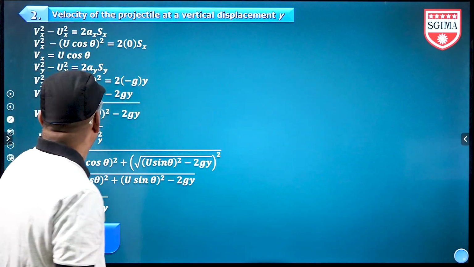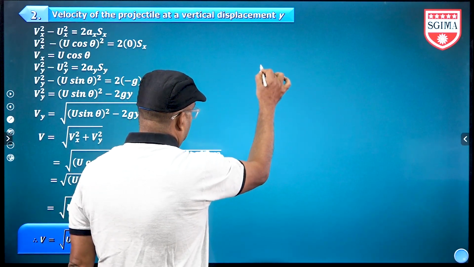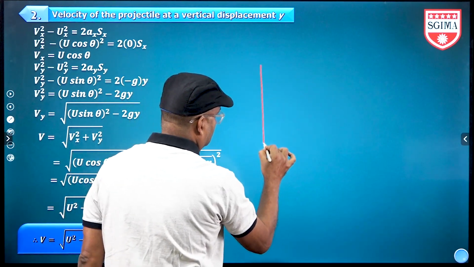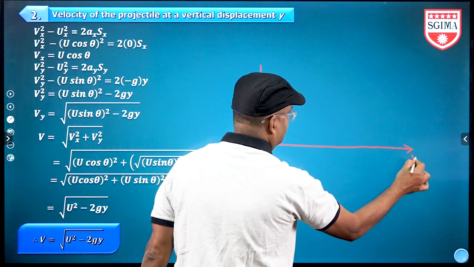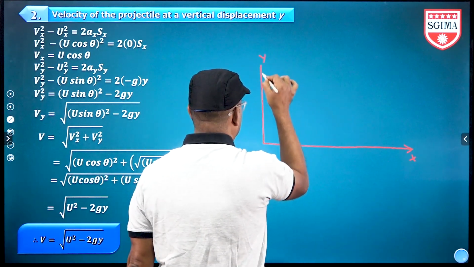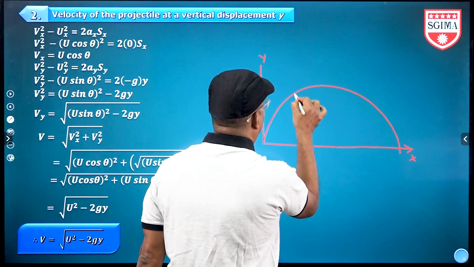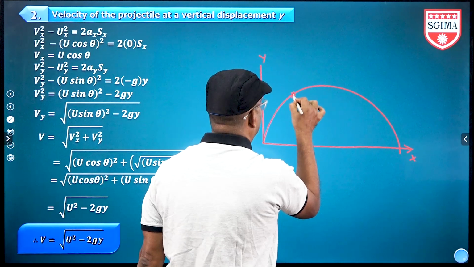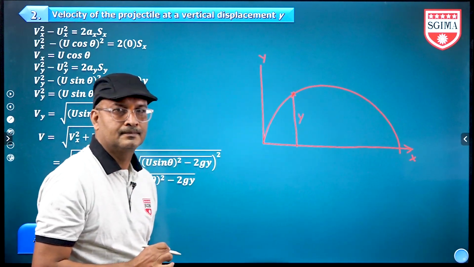Now, the body is projected. This is the x-axis, this is the y-axis. Body is projected in this way. Now, this body reaches this point. This is vertical displacement.